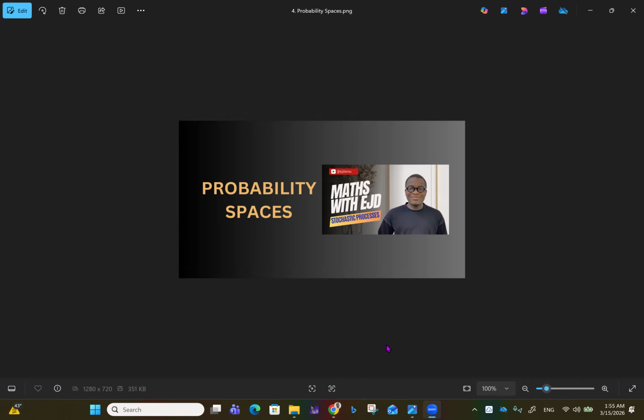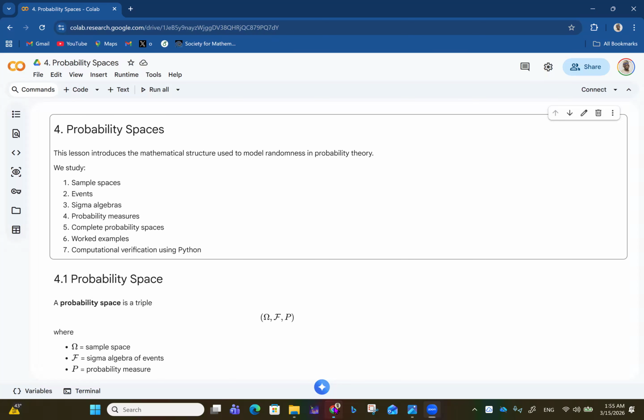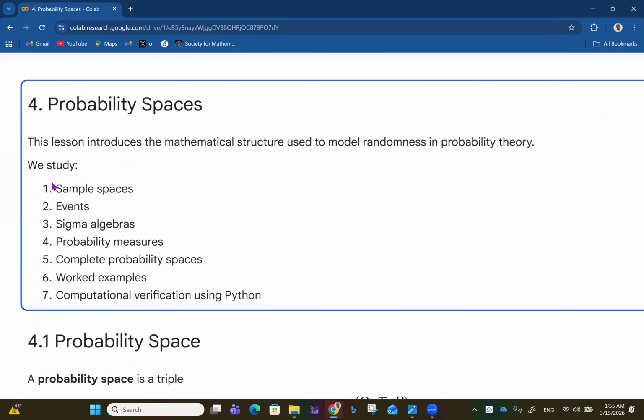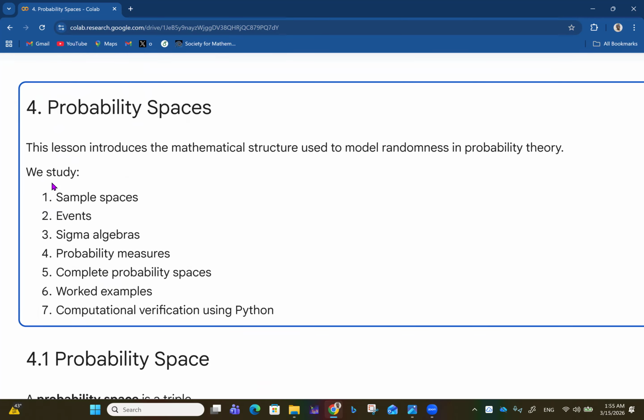Okay, so in this first video on probability review, we'll be looking at probability spaces, though we've started seeing it in previous videos already. So, probability spaces: this lesson introduces the mathematical structure used to model randomness in probability theory.